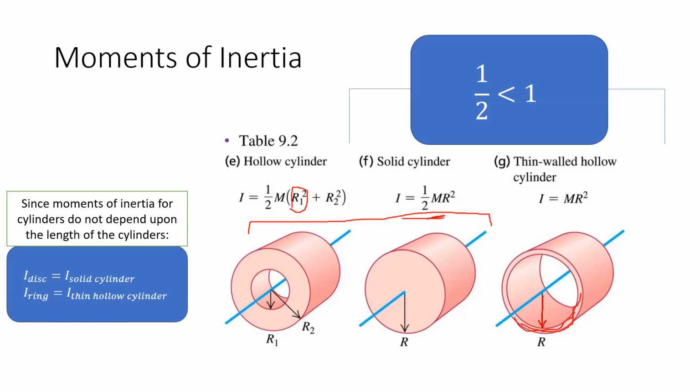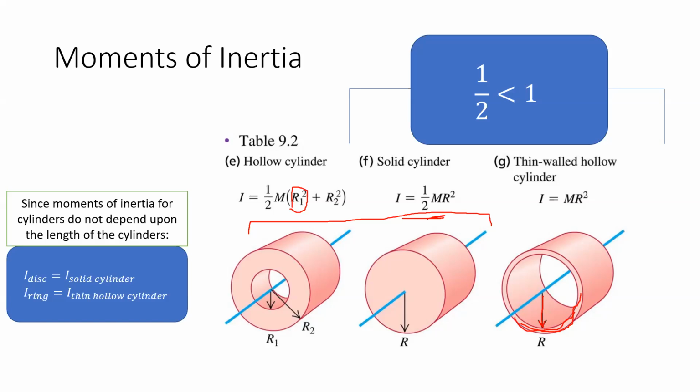Okay, and as I popped up here, the moment of inertia for cylinders does not depend on the length of the cylinder like it does for a rod. And cylinders are very similar to rods. However, the axis of rotation runs along the length of the cylinder versus being normal to the cylinder like a rod.